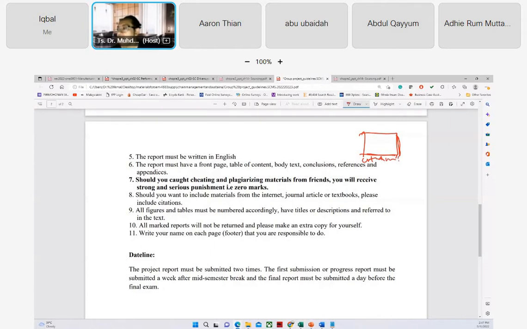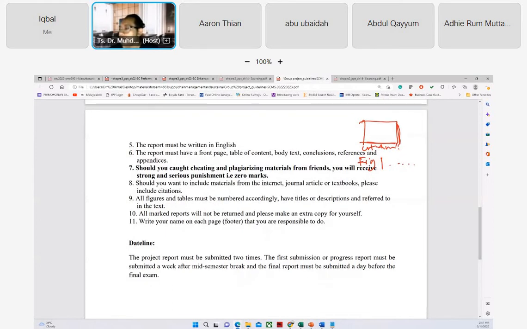Okay, figure 1 shows what, blah, blah, blah. Or figure 1 mentions blah, blah, blah. Okay, so you have to have your citation. All right. So if you don't have that in structured marks, I will deduct your marks. Okay, and then the next one, all figures and tables must be numbered.